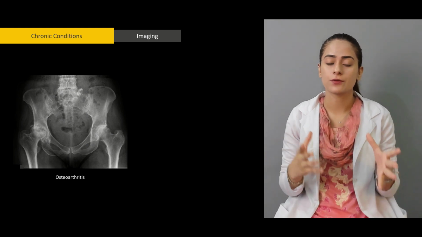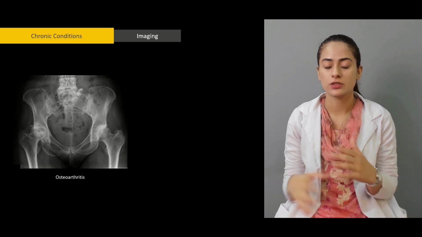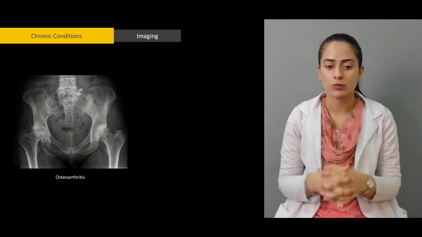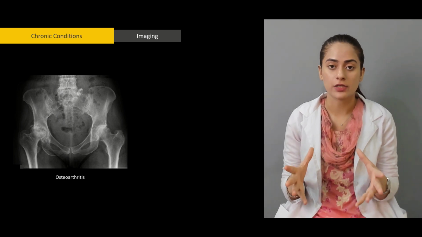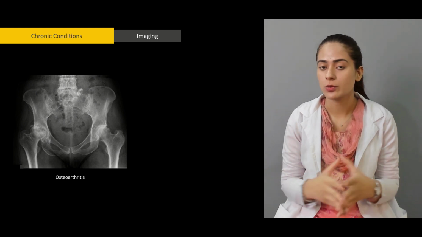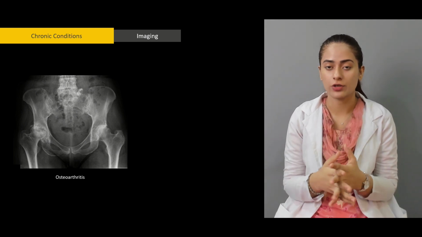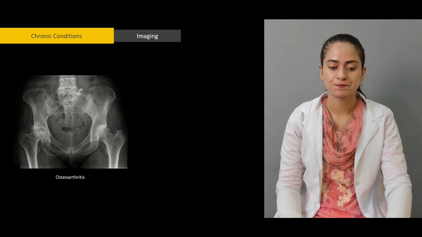It's a cascade of these changes which happen in the joint as a result of this degenerative disease. It can be due to overuse, age, or other factors like gender. In older females it's very common to have osteoarthritis of the knee. Hip is rare, but it's seen.